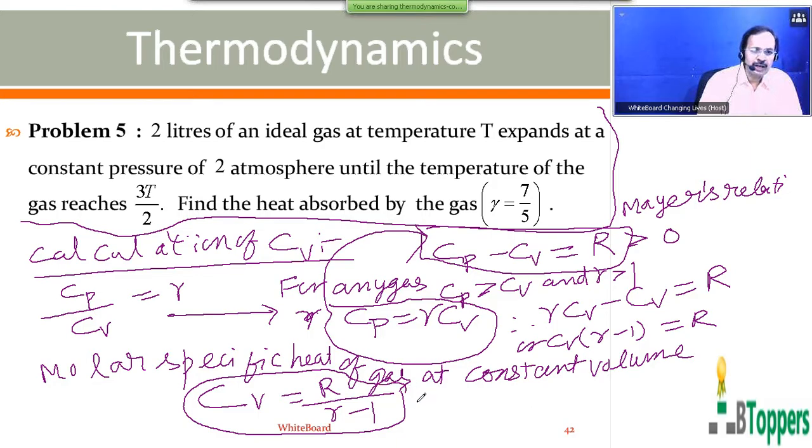So you can calculate the value of molar specific heat at constant volume for any gas by substituting the value of gamma in this equation. This result we are going to use directly in a good number of problems and derivations also.